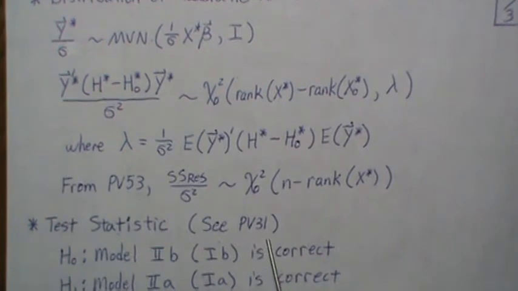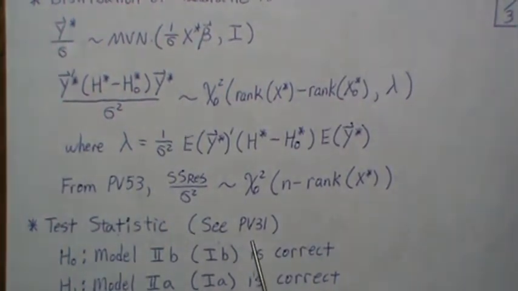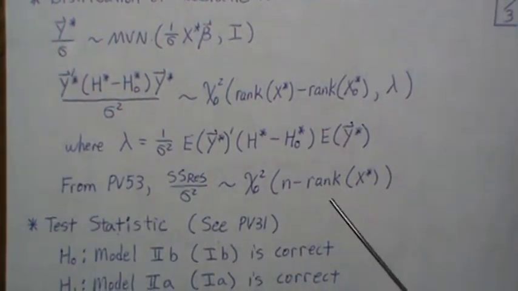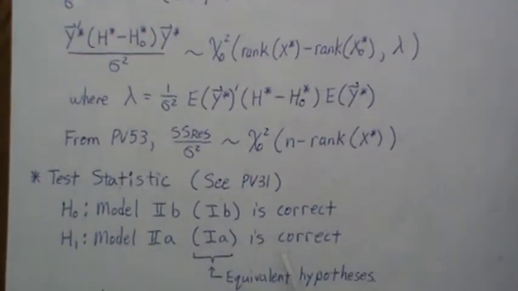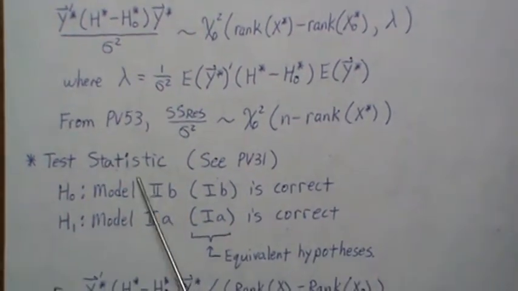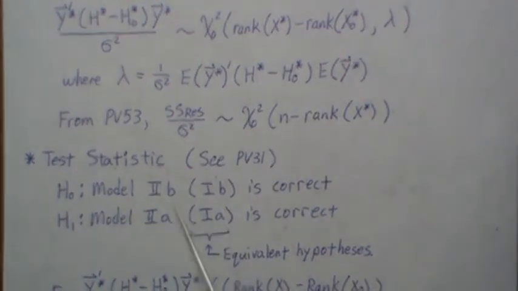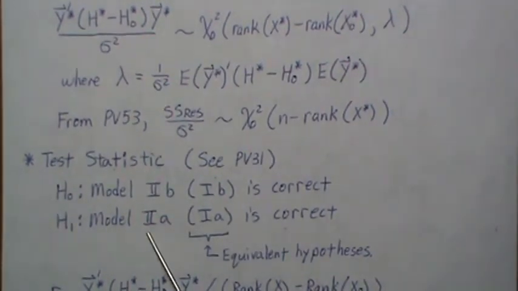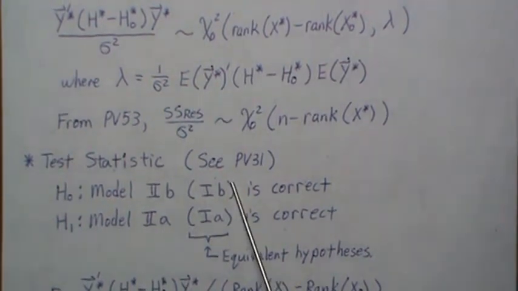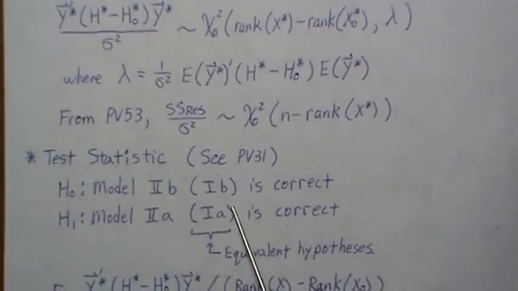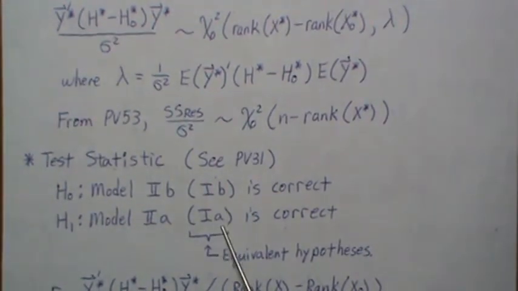So then the test statistic, we're going to defer to previous video 31 in this playlist, where we derive the formula and everything associated with it. When we want to test, is model 2B, meaning the reduced model, correct, or is model 2A, the full model, correct? Equivalently, you can use it in 1B and 1A.